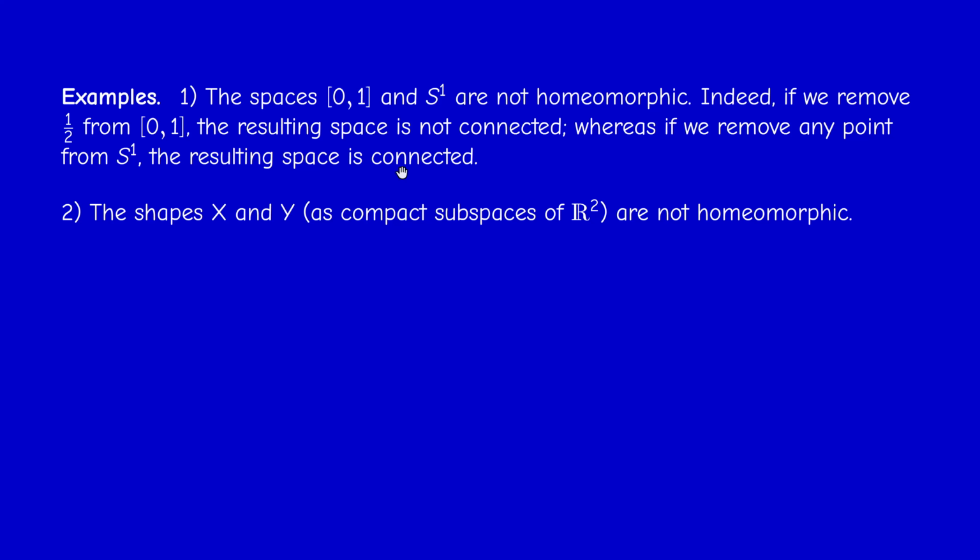It may have 1 component if we remove an extreme point, or 2 components. So if we remove a point from Y, you may get 1, 2, or a maximum of 3 components. But when we remove the middle point of X, we get 4 connected components. Since 4 is different from 3, there can be no homeomorphism from the shape X to the shape Y.